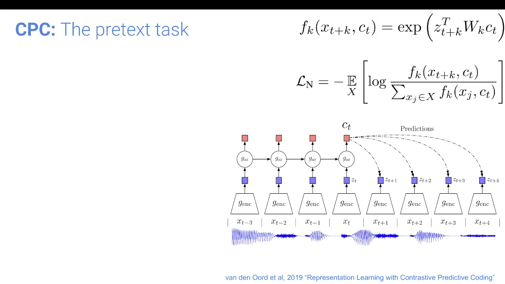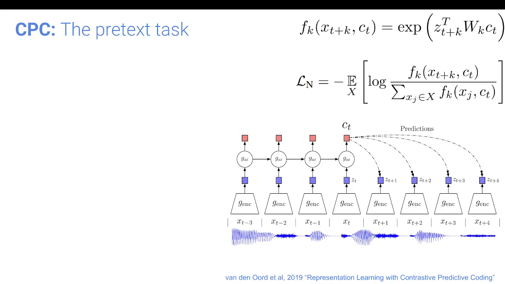We have the numerator with positive samples containing the score of CT and the Z feature vectors at multiple Ks, where K could be running between 1 to 10, for example, designating as positives feature vectors of close proximity to the current time step, while the denominator contains negatives that are sampled randomly from the mini batch or from further away time steps in the signal.